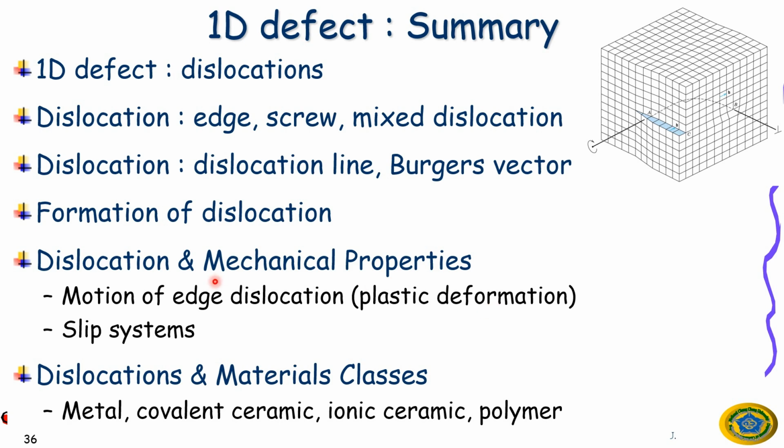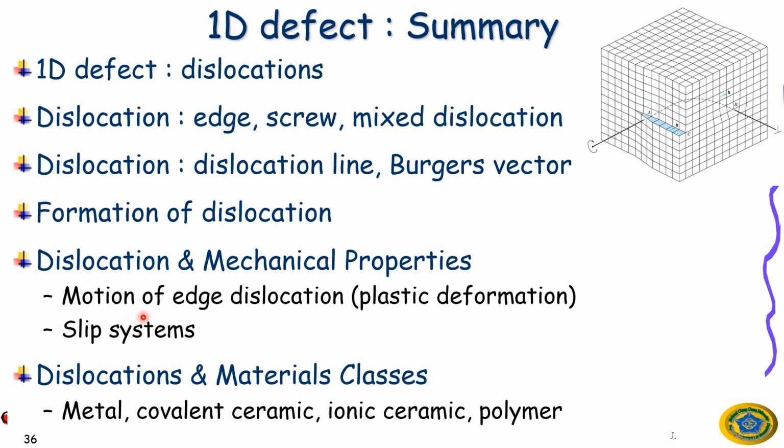This is what we call plastic deformation. And today we are going to introduce another deformation, called elastic deformation. That's what we're going to talk about. That will be the topic today.